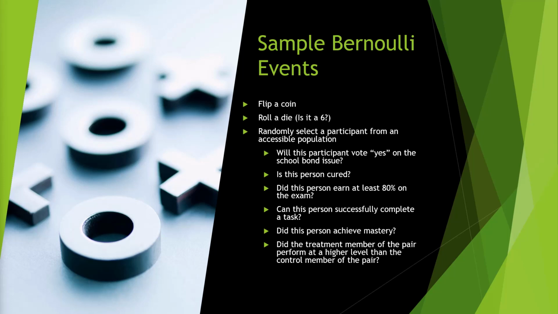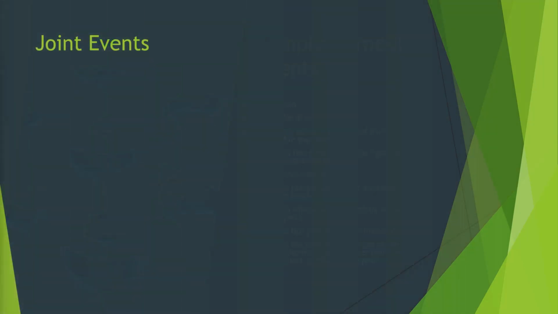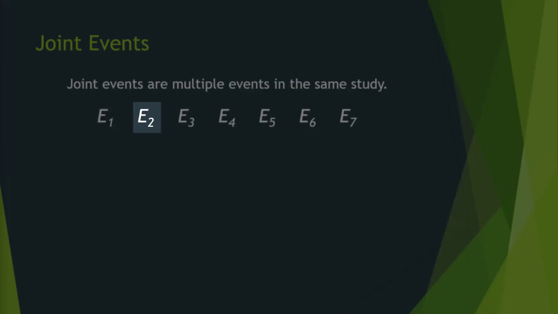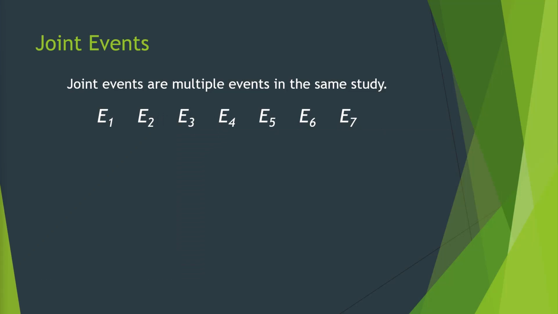For a few minutes, let's look more generally at events, including but not restricted to Bernoulli events. Joint events are multiple events in the same study. Here's an example with 7 events. We have event 1, 2, 3, 4, and so forth, all the way to event 7.